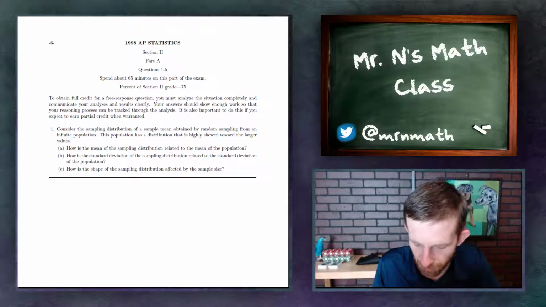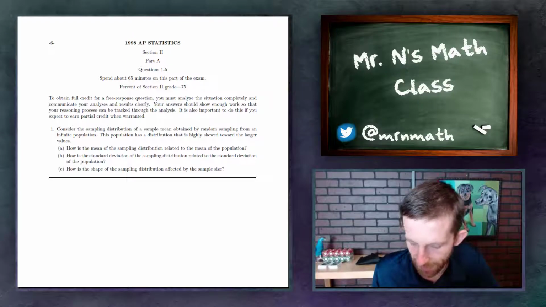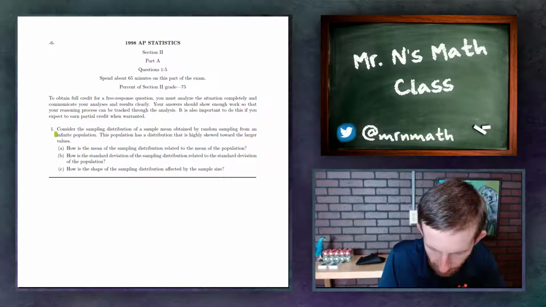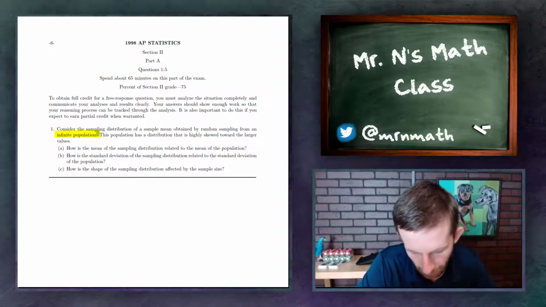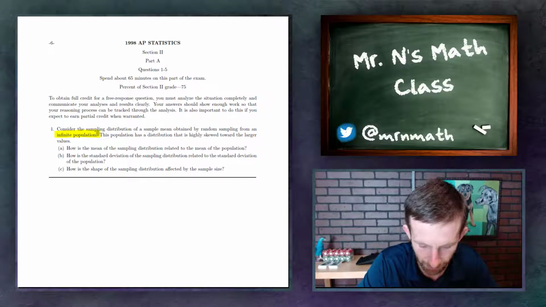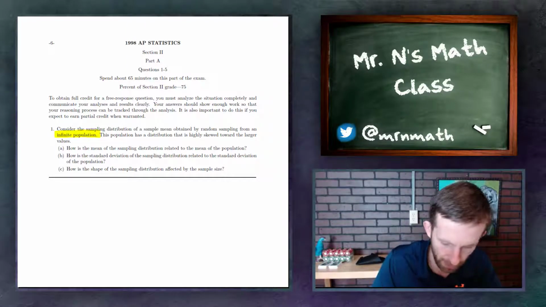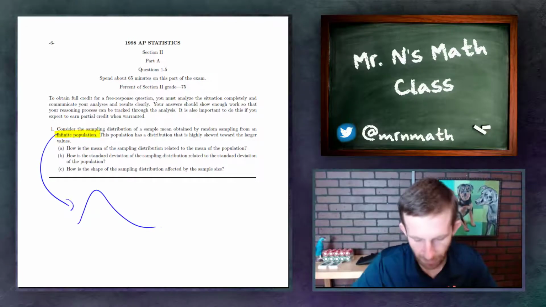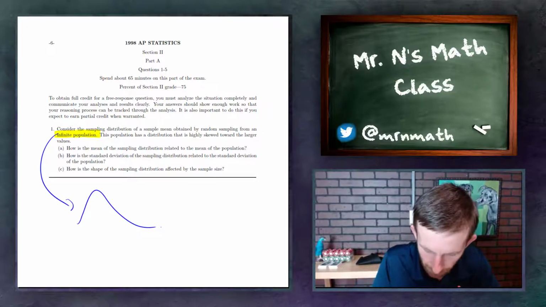It says, consider the sampling distribution of a sample mean obtained by random sampling from an infinite population. Again, this idea of sampling from a huge population. The population has a distribution that's highly skewed towards the larger values. So we imagine the population has a distribution that's skewed to the right.